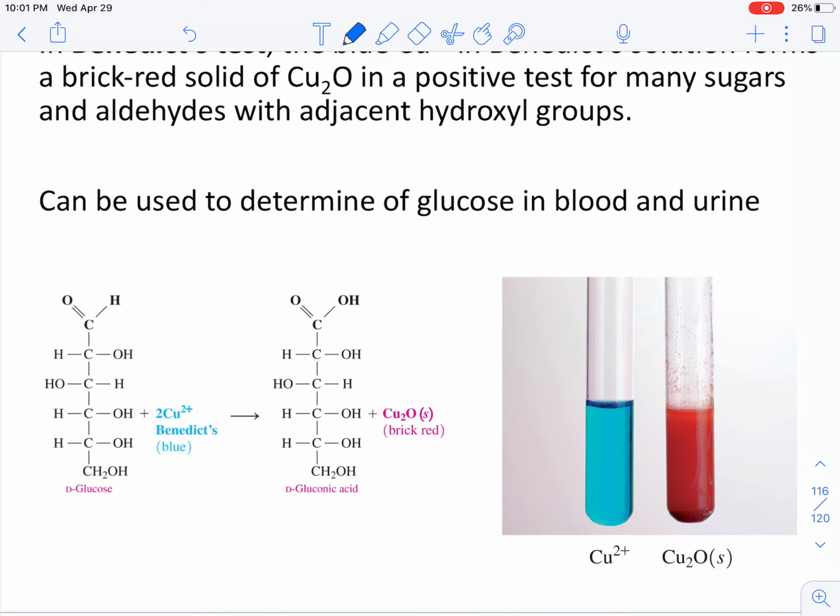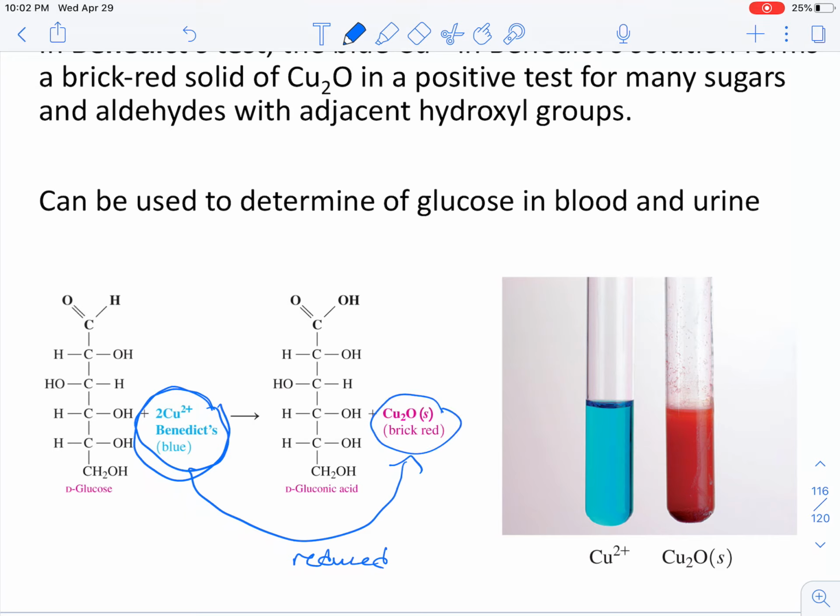Benedict's reagent in its oxidized form, that means there's no extra electrons, is going to be blue. However, when copper becomes reduced, it means it gains electrons, it's going to turn into a brick red color.